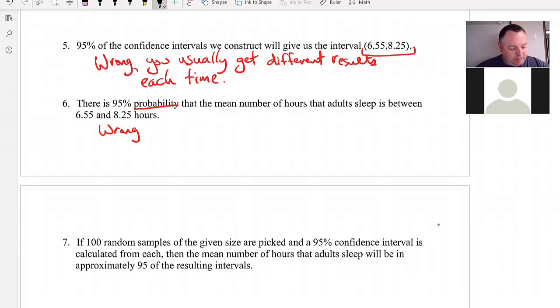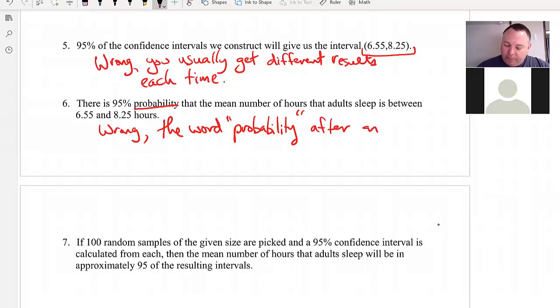That's not really what we mean by probability. The word probability applies before an event, not after it has either occurred or it hasn't.